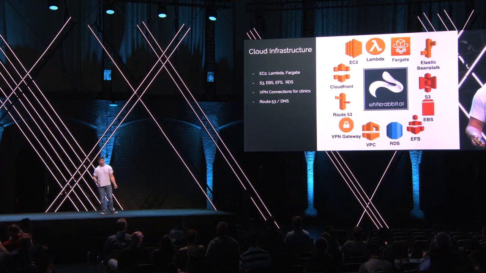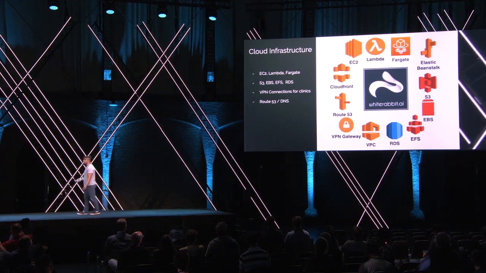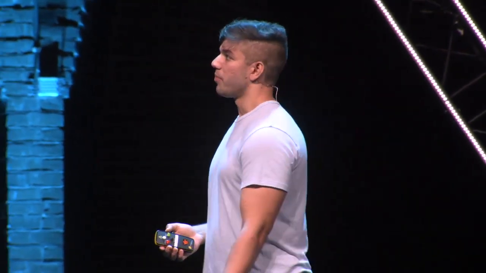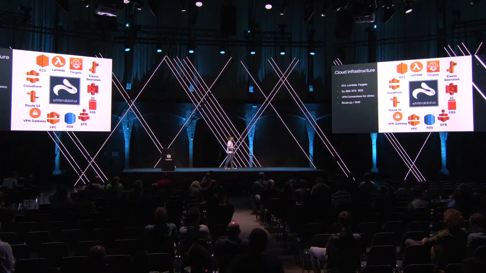Whether that's EC2, Lambda and Fargate for various use cases, S3, which is where we store all of our medical images for data processing and batch processing down the line, all the networking resources, including a VPN, which I may not have mentioned before, which glues our clinic instances with the cloud, as well as other infrastructure, whether it's Route 53 and other resources they have.